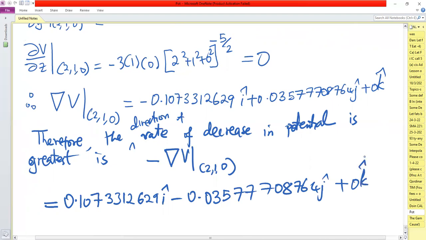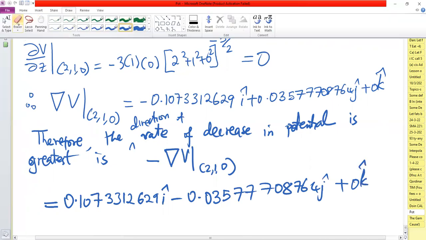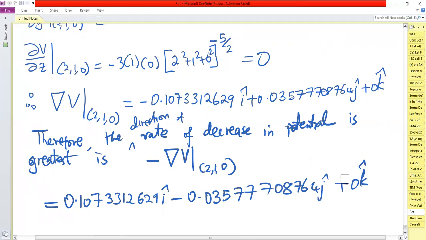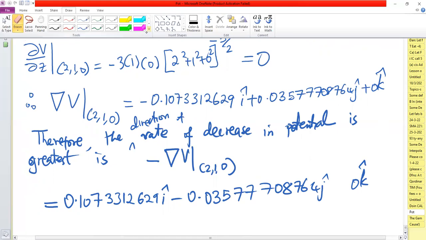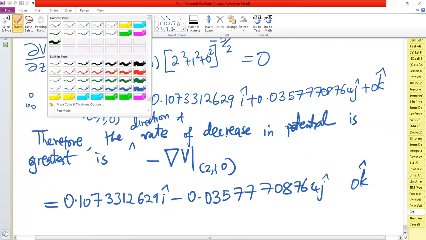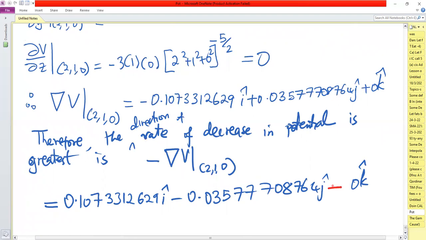So note that if they had asked us to find the magnitude of the direction where the rate of decrease is greatest, we'll simply get the magnitude of this vector.